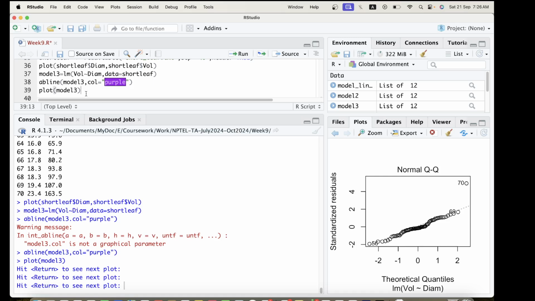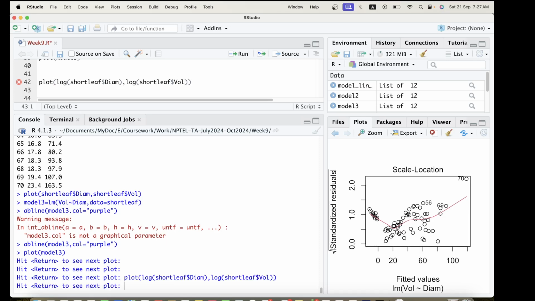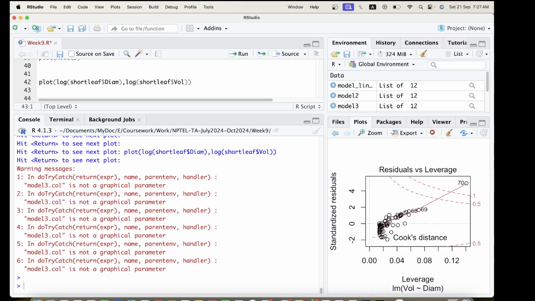So if we do a log x and log y over here, if we plot, instead of this thing, we plot log of this thing versus log of this thing.